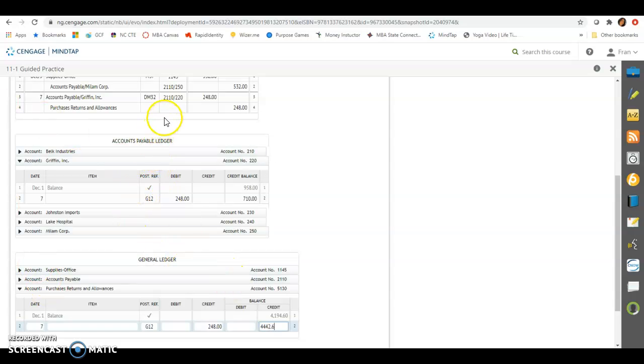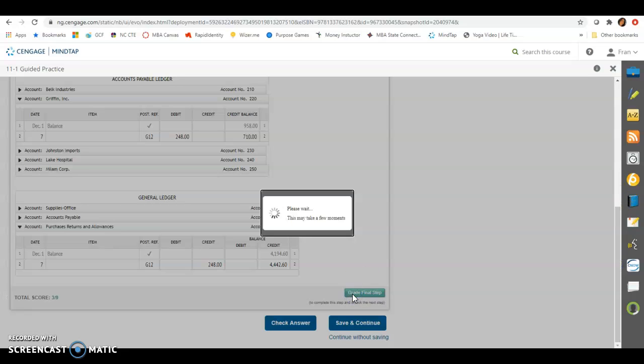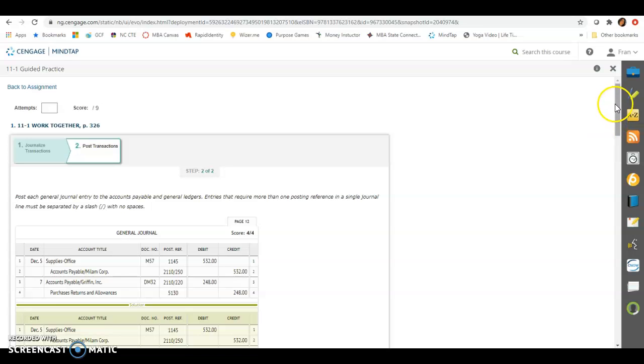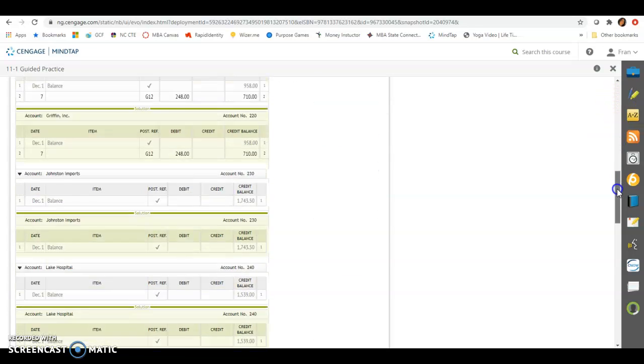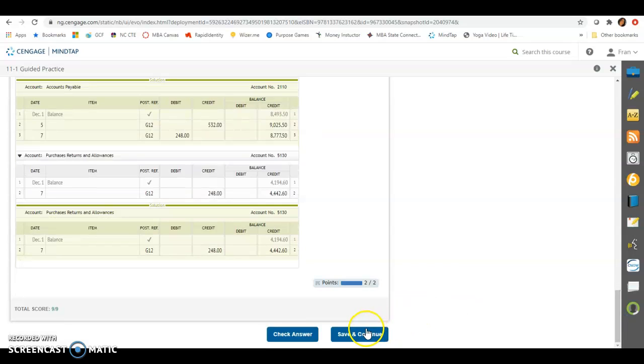Account number is 5130. And that should be it. Check our answer. Everything's good. So that is 11-1 work together. Now you do on your own.